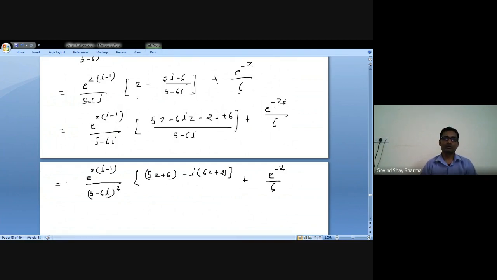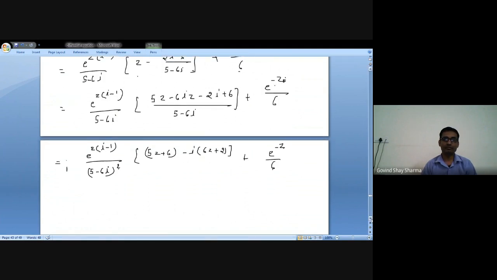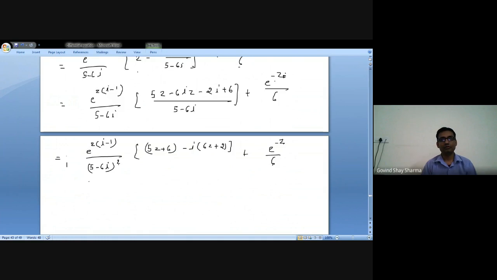Now we can solve this by opening it, or we can write it in cos theta, cos x and tan x.